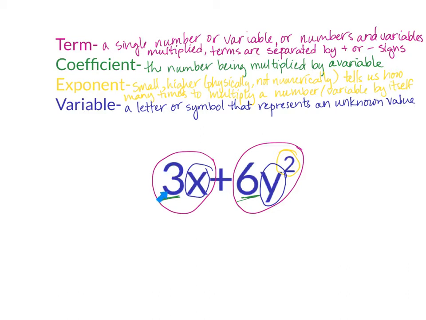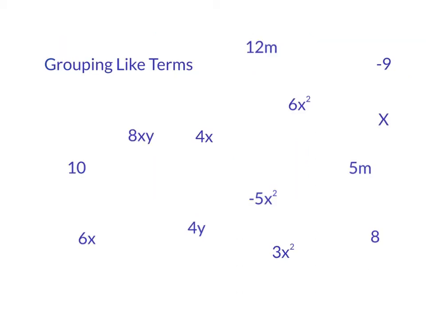So here's our variable multiplied by 3, so 3 and 6. Exponent is that higher and smaller number, physically smaller and physically higher, not algebraically or mathematically, just position-wise. It tells us how many times to multiply a number or variable by itself. And a letter or symbol that represents an unknown value, those are our variables. So just to totally repeat myself.